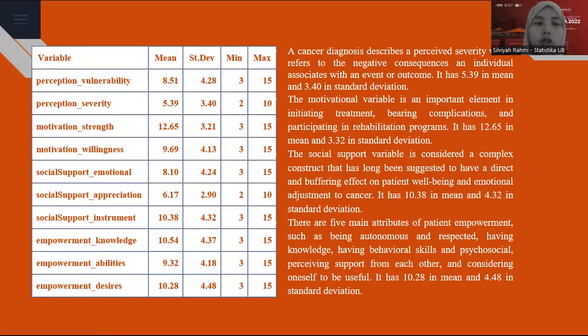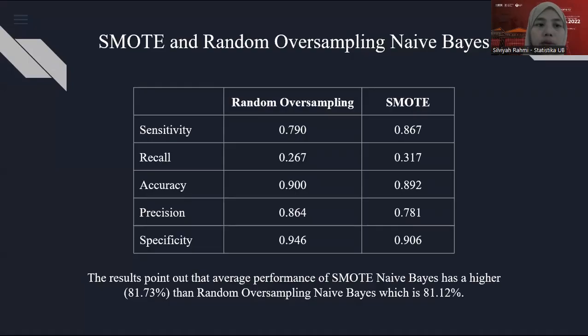And we will continue to the other factors from the table. We know that the highest impact for cervical cancer for someone is coming from motivational strength. If someone would like to be cured from cervical cancer, that is motivational strength, and the others are social support instrument and empowerment knowledge.